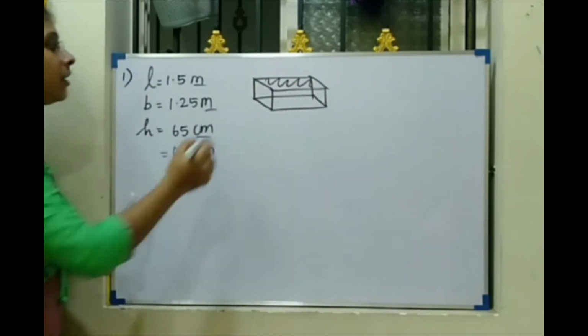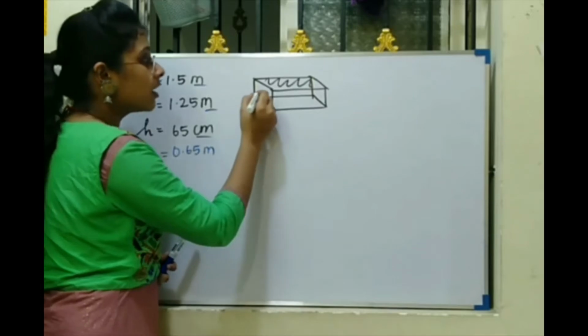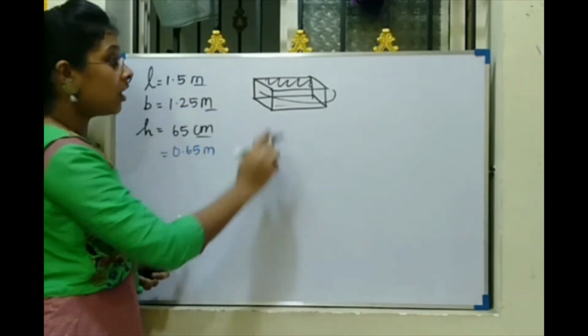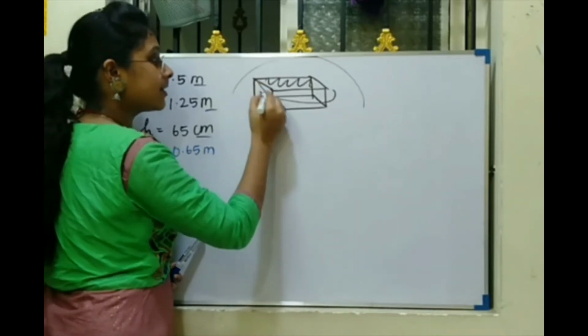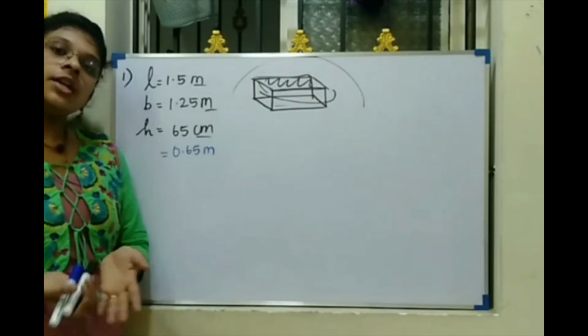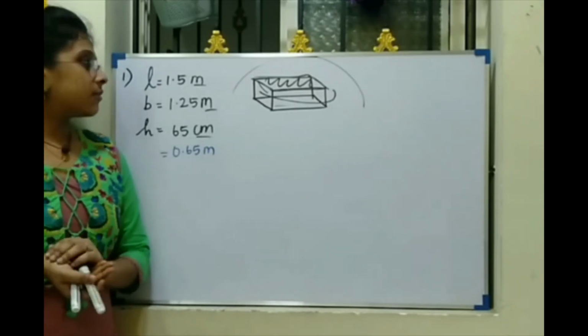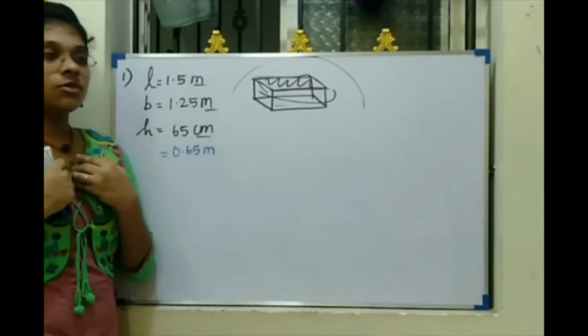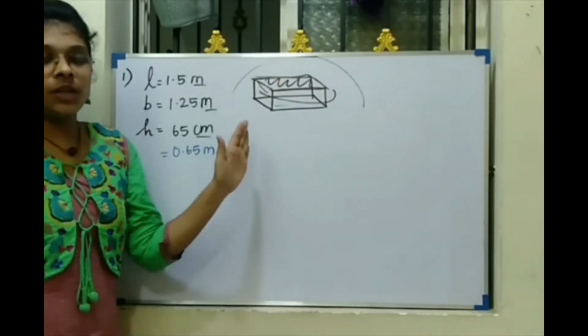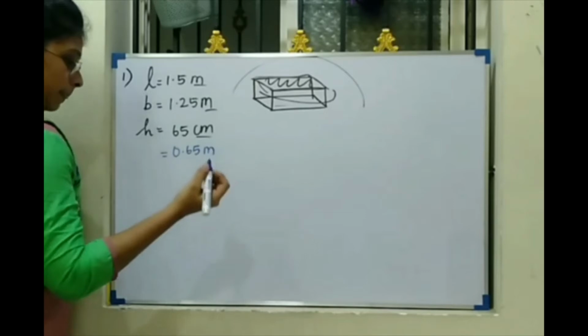We have to find the 5 faces, that is the lateral surface area plus the base area, or the total surface area minus the top area. So we can use 2 formulas. Whatever is easy for you, you can use that formula. For me, I am using total surface area minus the top, so I think it will be easy.